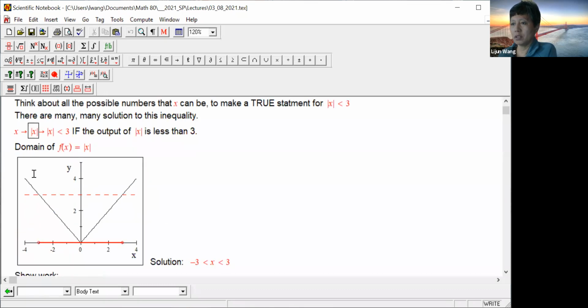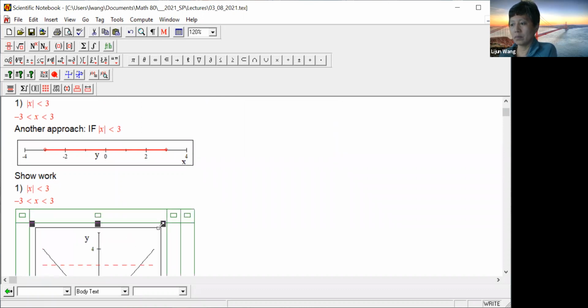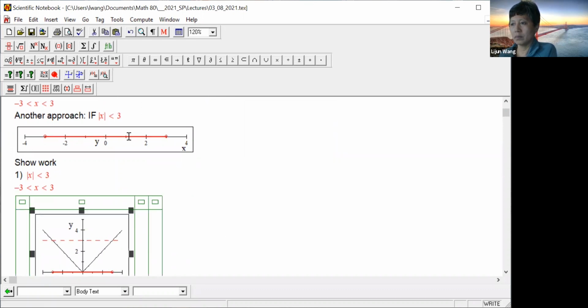One is a function perspective, and that's the number line perspective.